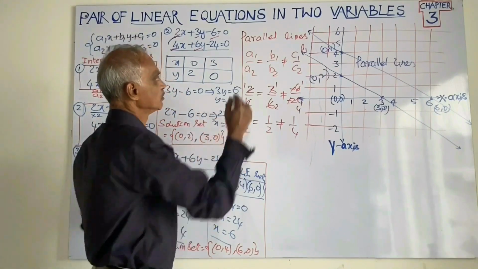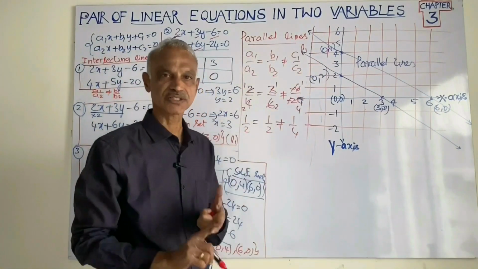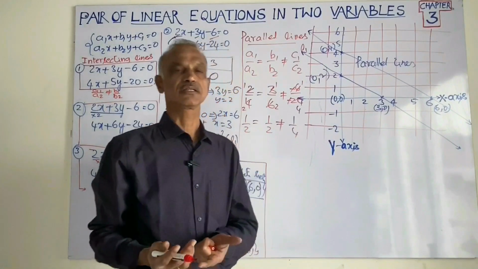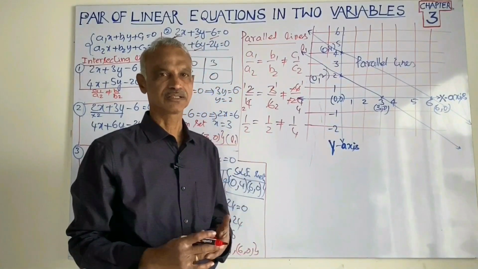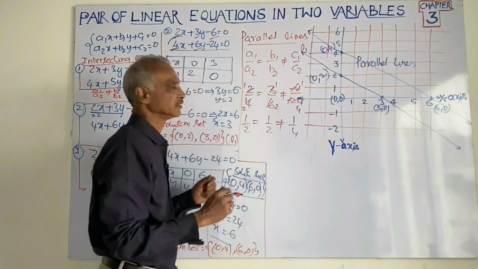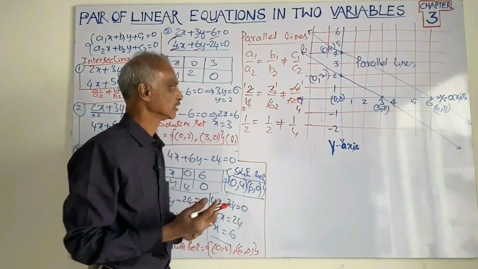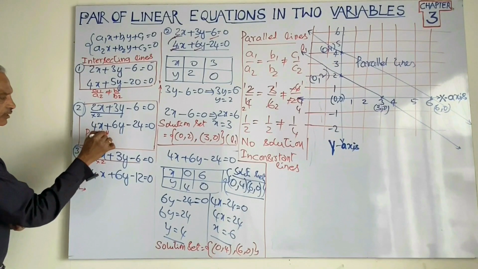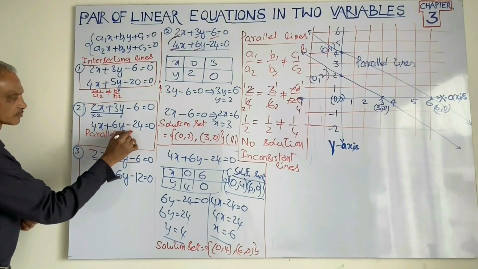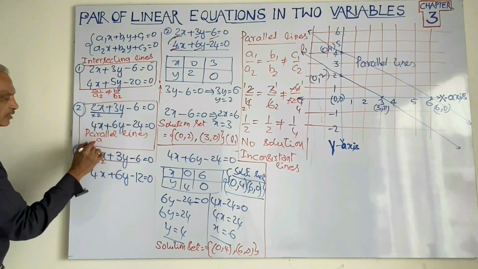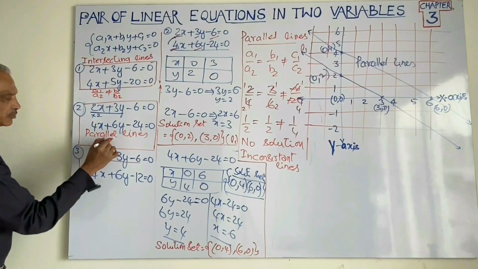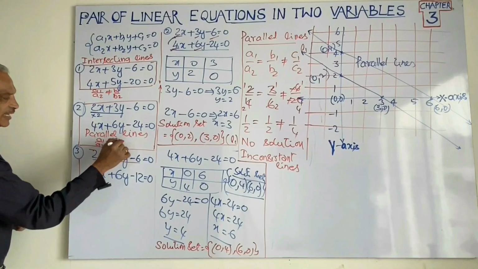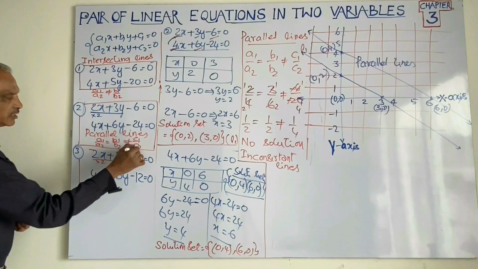They are called parallel lines. Parallel lines don't intersect with each other and they don't have an intersecting point.